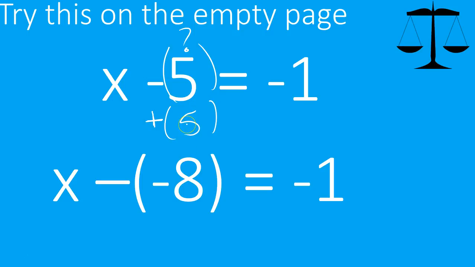In this case, it's the same thing. Instead of subtracting some number, you're going to do the opposite of subtracting some number. That some number just happens to be a negative 8. So be careful with that. Go ahead and pause the video and try that.